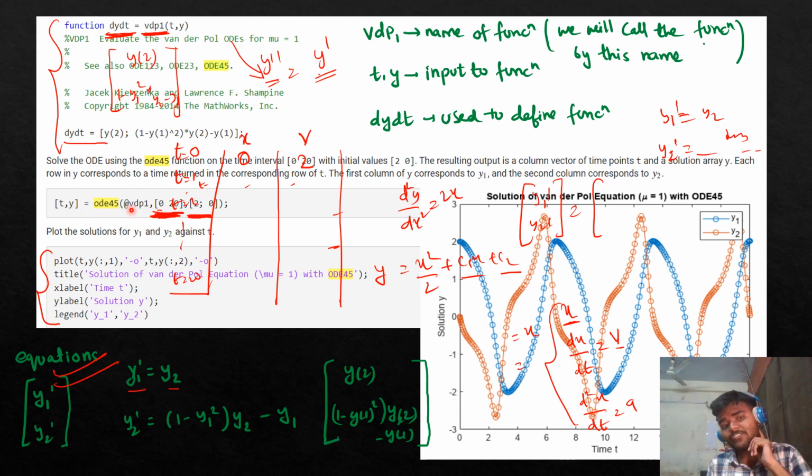So [t, y] = ode45(@vdp1, ...). It means this is written like here, and t0, this is tf, this is 20. So this is 0, this is 20, and this is the condition for x, and this is the condition for velocity. So t is equal to 0, one column is for x and one column is for velocity, and all this snippet is written for the plot function. Okay, so that's all about how to solve.